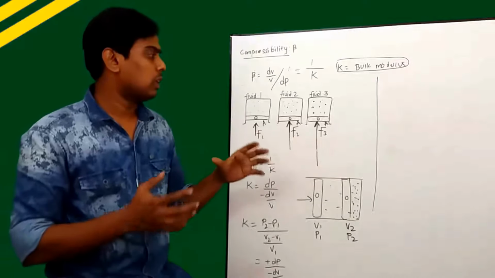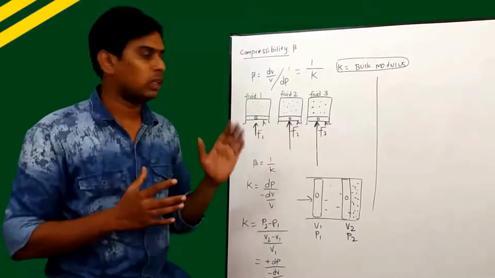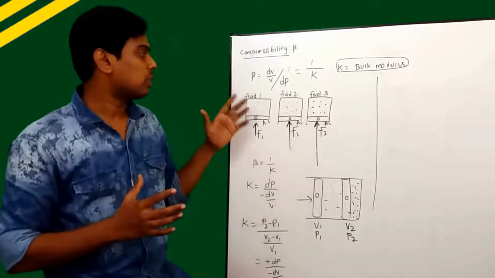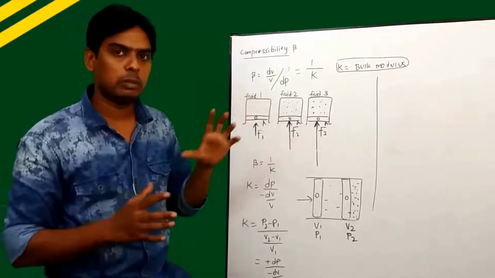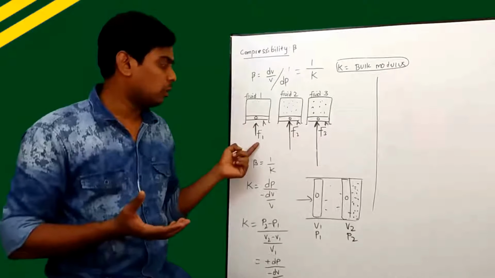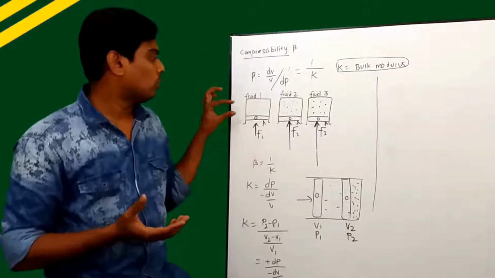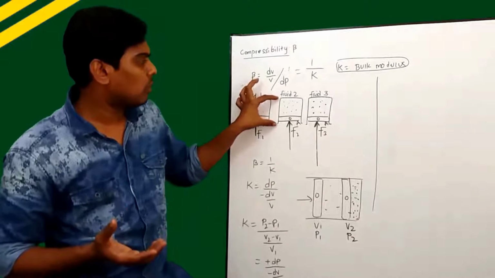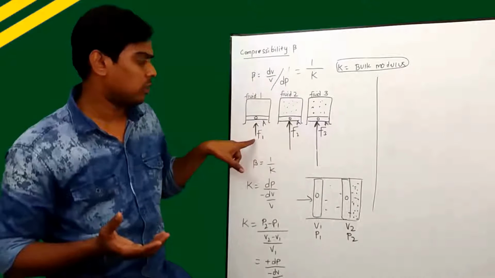It is because though we are moving the piston 1 centimeter in all the three cases, the compressibility of these three fluids is different. The first fluid requires a very little amount of force, F1 only, to move this piston by 1 centimeter, whereas the second fluid requires little more force than the first one.